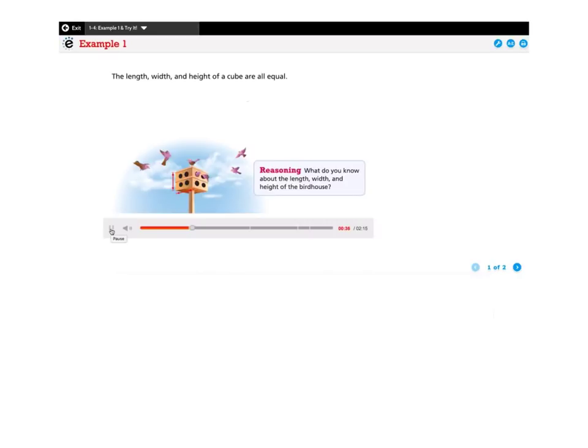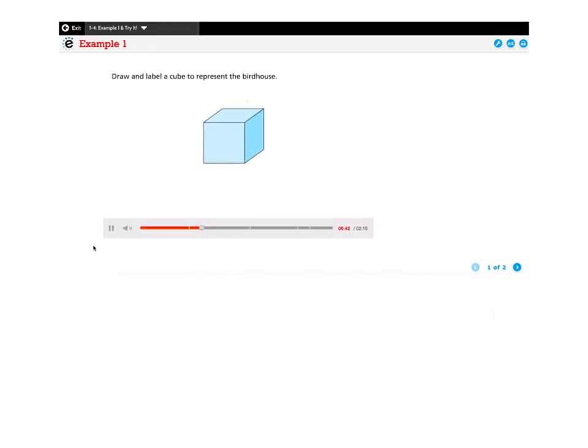The length, width, and height of a cube are all equal. We can draw and label this cube to represent the birdhouse. Leah needs a volume of at least 216 cubic inches. The length, width, and height are all equal.